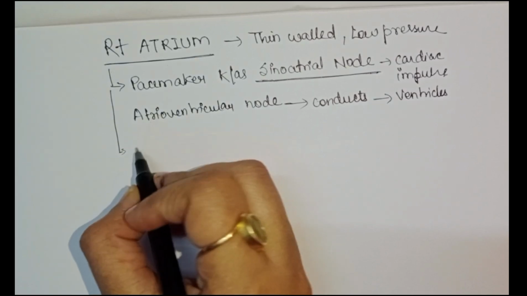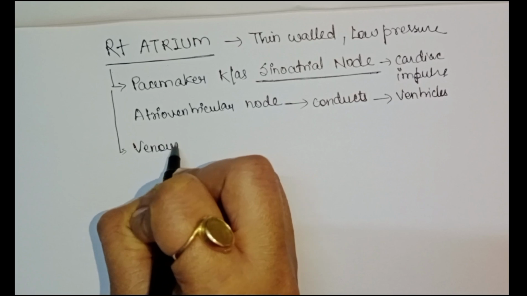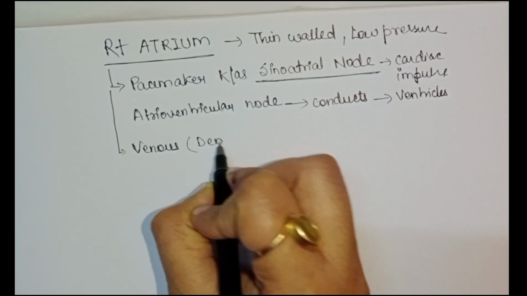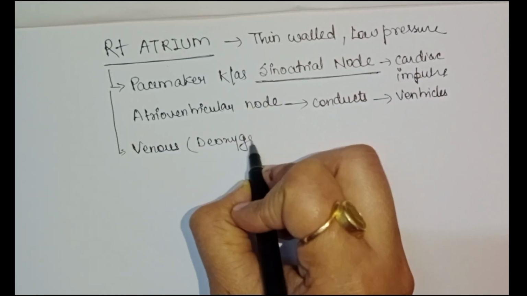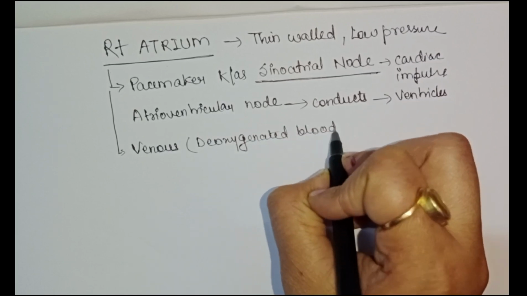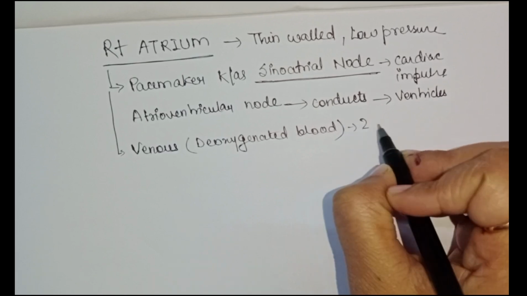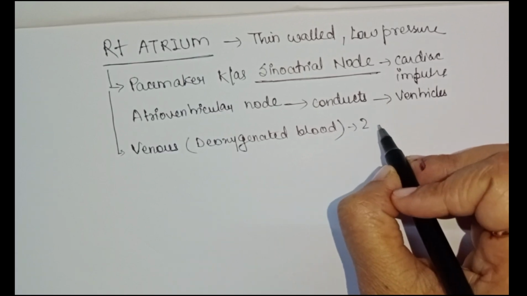The right atrium receives the venous or deoxygenated blood, or you can also say impure blood, via 2 large veins.